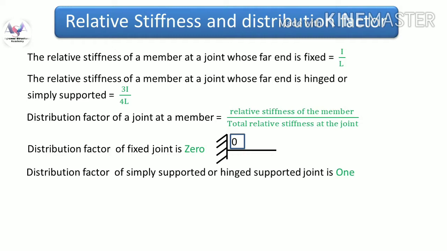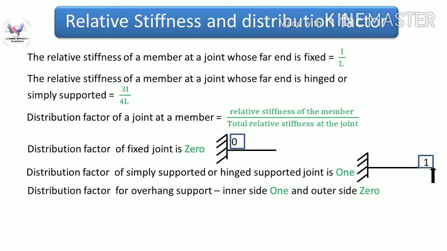If the end support is simply supported or hinged, in that case the distribution factor is 1. Suppose this is the simply supported end, or this is the hinge support, in that case the distribution factor is 1. So no need of calculations.